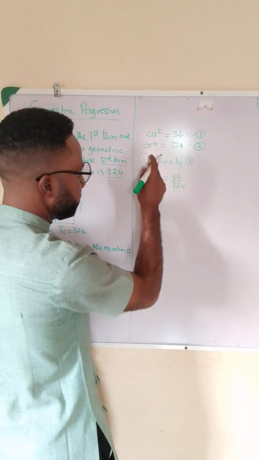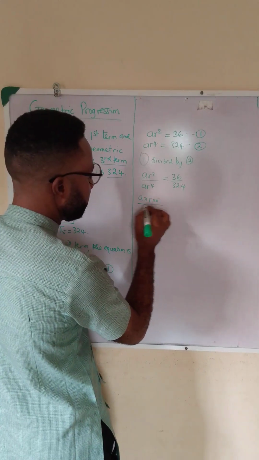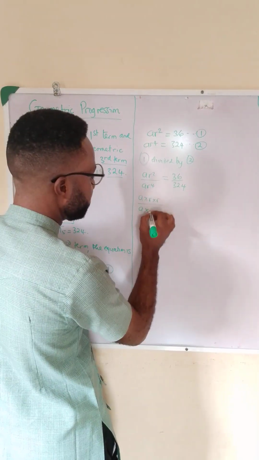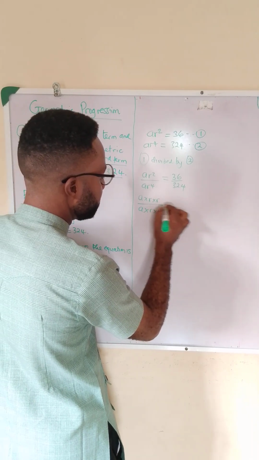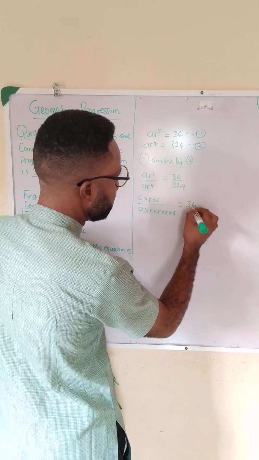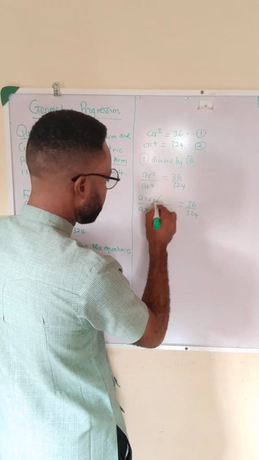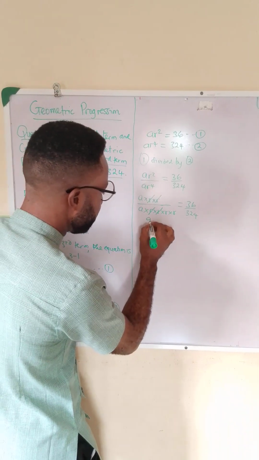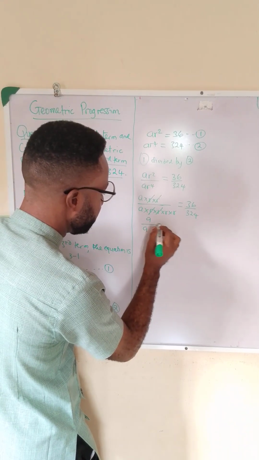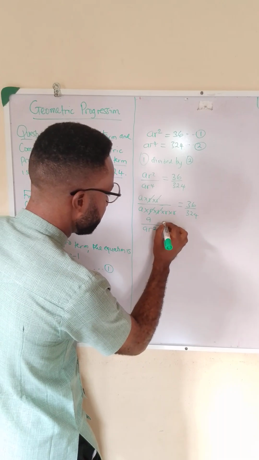A R squared is the same thing as saying A times R times R, all over A times R times R times R times R, equal to 36 divided by 324. So we can cancel out R twice, and we are left with A over A, and R times R will be R squared.